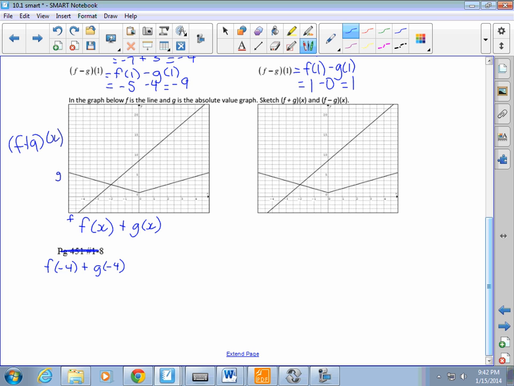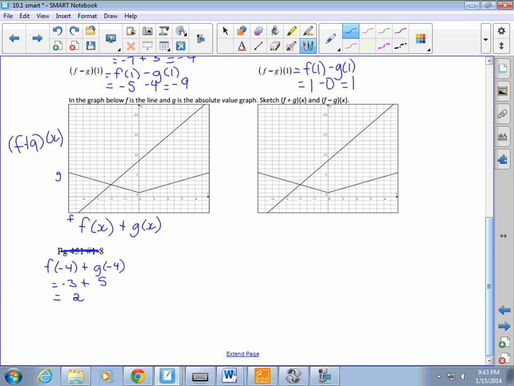So that is negative 3 plus, then if I do my y value on the g of 4, that's up here, which is at 1, 2, 3, 4, 5. So that is equal to, no, negative 2, it's just equal to 2.